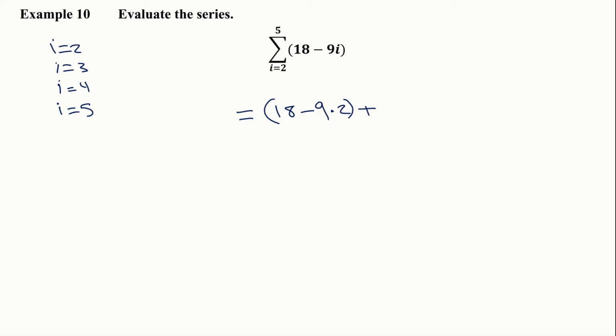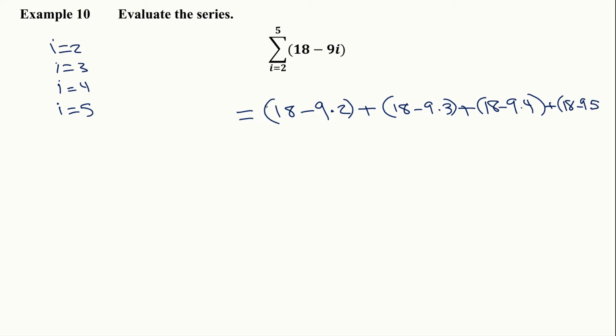So now we're going to move on to 3, so we get plus quantity 18 minus 9 times 3, and then plus quantity 18 minus 9 times 4. Finally, plus quantity 18 minus 9 times 5.